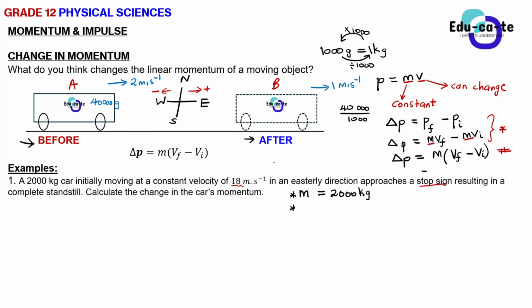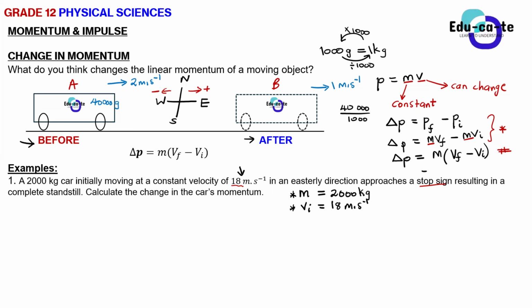The final velocity is 0. Which velocity now? Remember, do we know the final or the initial? Which one is the initial one? 18. Yes, because they said at first the car is moving at 18 meters per second towards the east. So I'm going to write that as a positive velocity of 18 meters per second. The positive there is standing in for the direction, by the way.